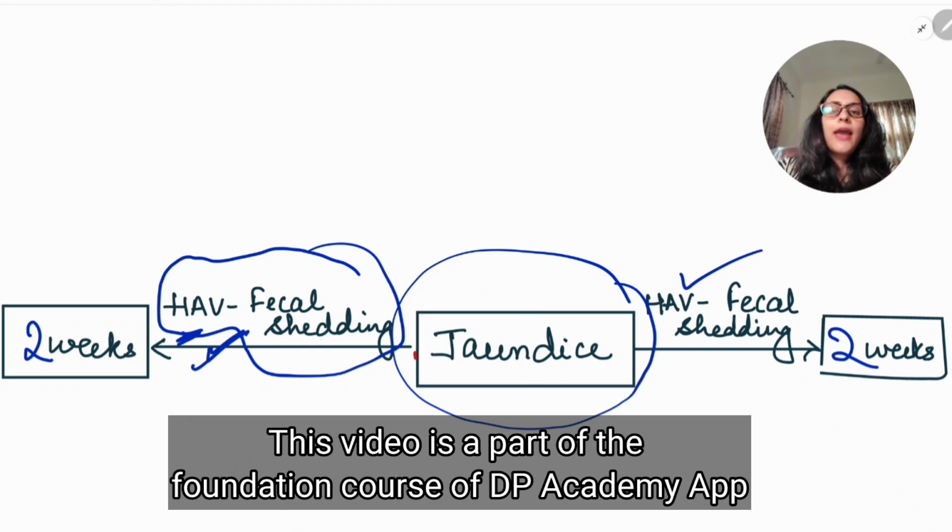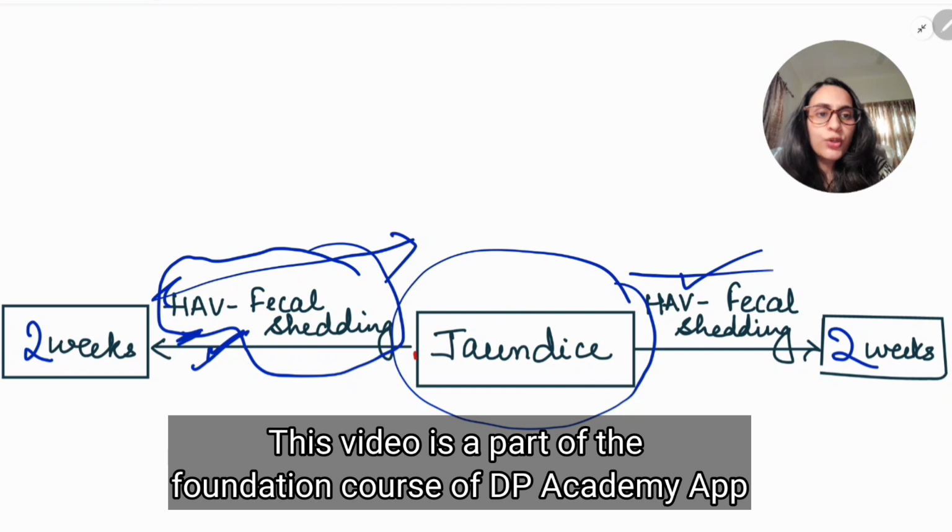So basically, hepatitis A virus shedding in the stool comes 2 weeks prior to the onset of symptoms, and 2 weeks after the onset of symptoms.